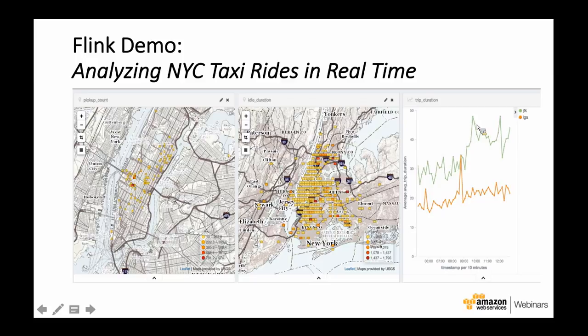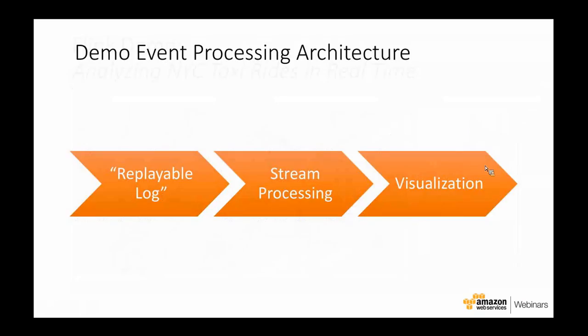And then also in the third panel, we're showing the average duration of trips to LaGuardia and JFK airports. So you can see as time goes on, it changes. All right, so that's what we're going to build.